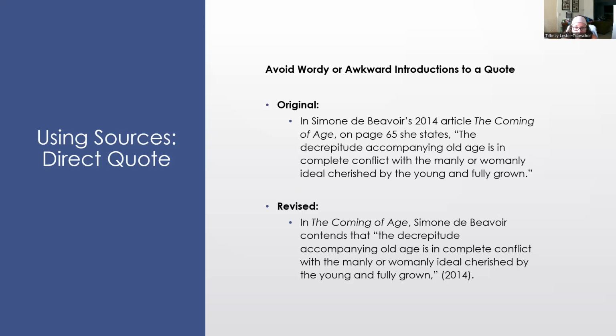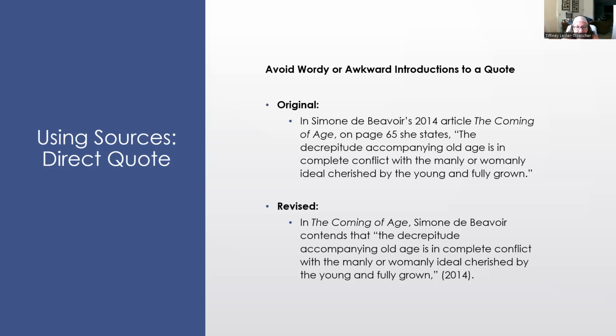We don't need all of that information to introduce the quote. All we really need is to know who said it and then the citation. We don't even need to know who said it, you'll provide that in the citation. All we really need to know is that it does come from the source.